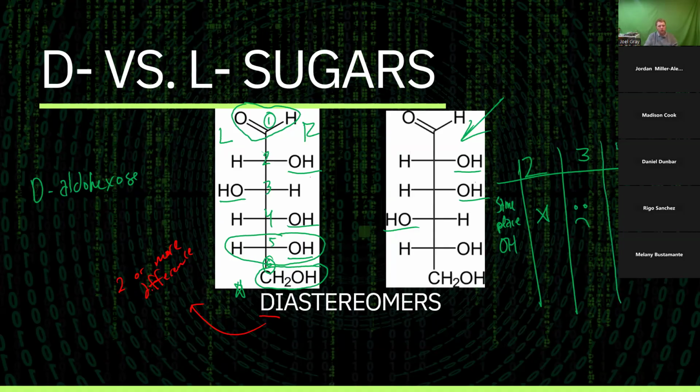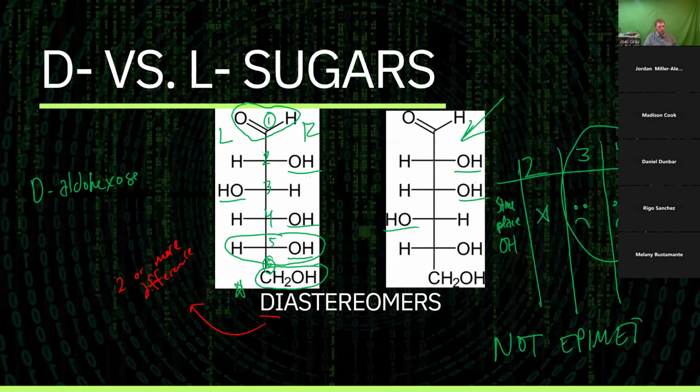Are those OH groups on the same side? No, they're not. So by virtue of us seeing two differences, carbons number 3 and 4, that is our threshold to say these are not epimers. Does everyone follow that? Give me a 0 in the chat if you follow it. These are not epimers.